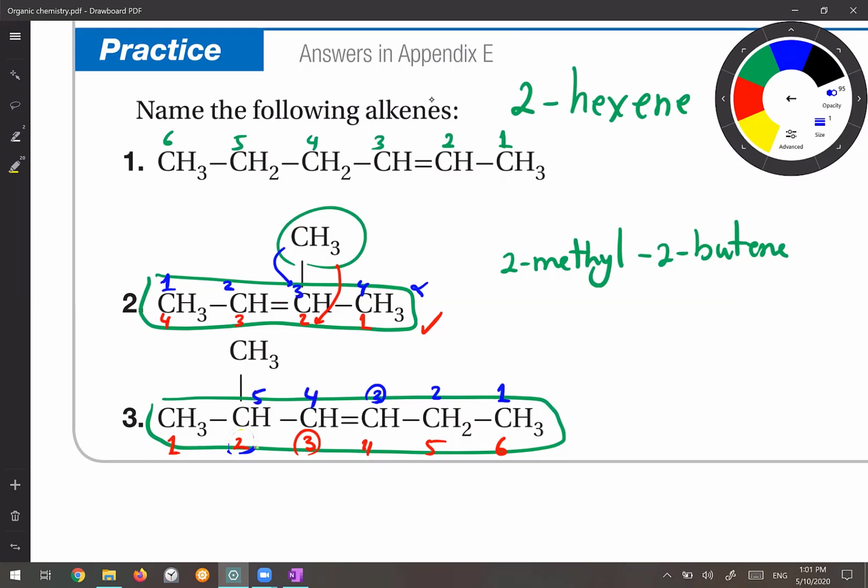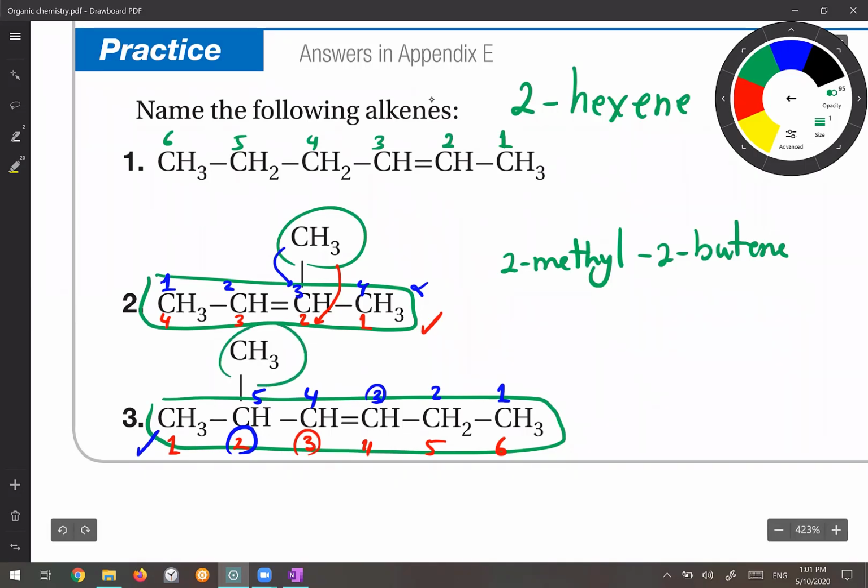So again here, for the double bond, there is no difference from which side I number it. From either side, it receives number 3. But the branch, if I number it from the left side, it receives number 2. If I number it from the right side, it receives number 5. So I choose the one in which the branch receives a smaller number. So the red one is correct. So I mention the branch first.